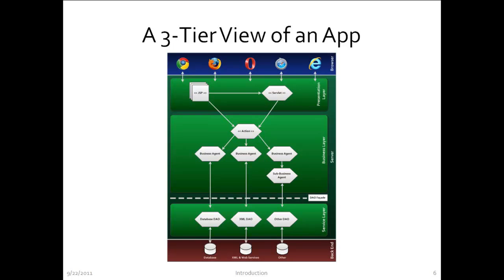There might be a remote system, for example the warehouse system, which has to be told to ship a product, in which case it's going to call the service of the warehouse system. So keep in mind that this business logic layer will turn around and call multiple services: a database service, a remote warehouse service, a remote credit card service, whatever it might be. And these services are implemented in what is known as the service layer.